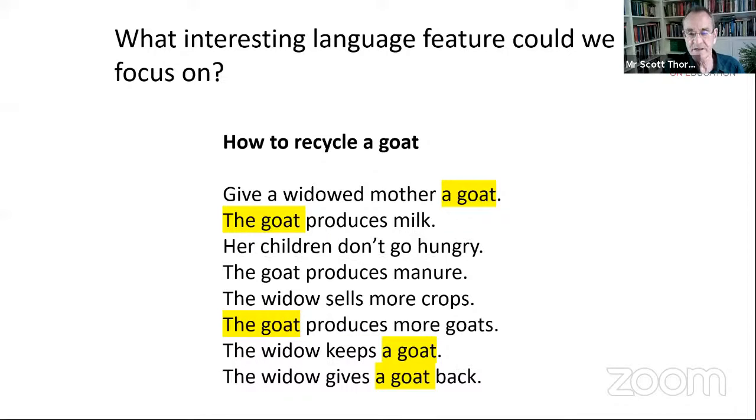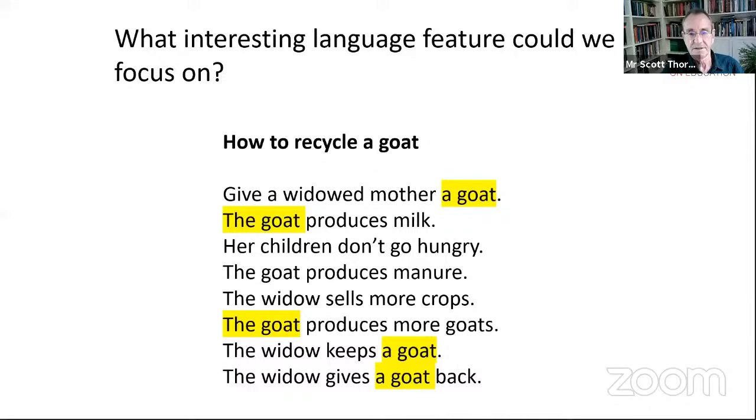And articles are one of the hardest things. They're the most common words in English, but one of the hardest things for many students to learn. Now, it's not about a particular goat, because the goat is the same goat. I'm not even sure if it's a specific goat.